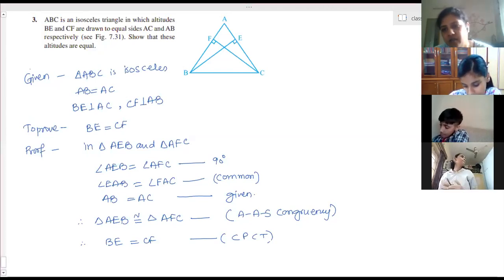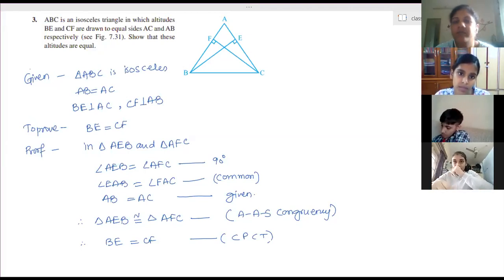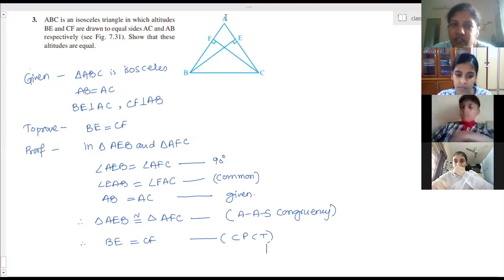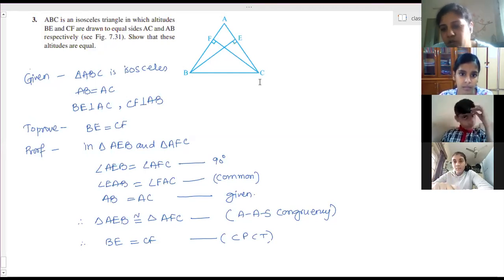Here is another method to solve the same question. The same question is asked in the next exercise as well. Instead of triangles AEB and AFC, you can show triangles BFC and BEC congruent. AB is equal to AC is given, so angle B and angle C are equal.